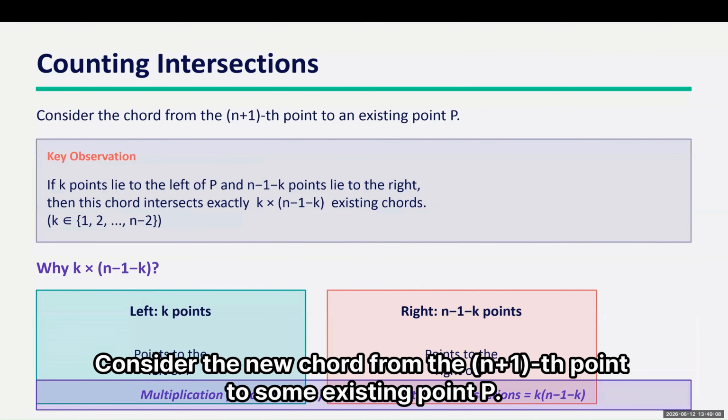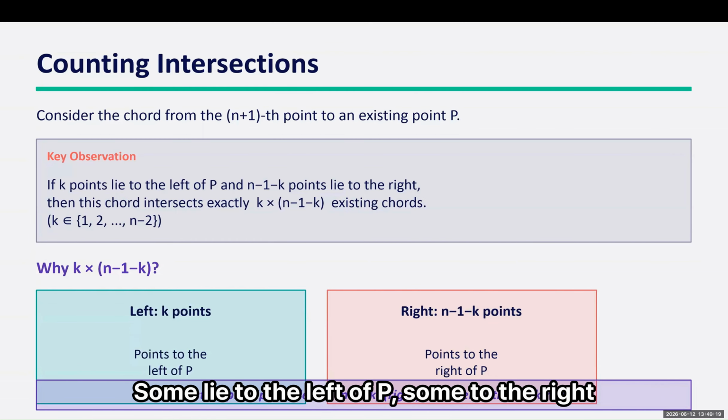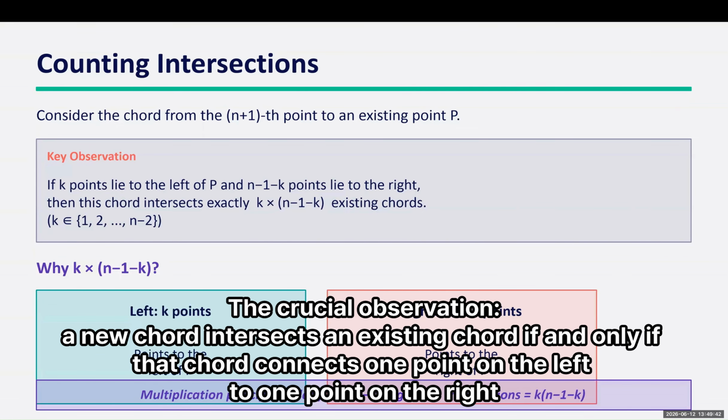Consider the new chord from the n plus 1 point to some existing point, P. Look at the n minus 1 remaining points. Some lie to the left of P, some to the right. The crucial observation, a new chord intersects an existing chord if and only if that chord connects one point on the left to one point on the right.